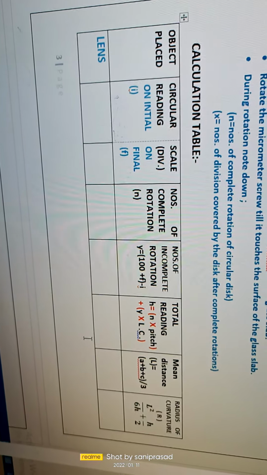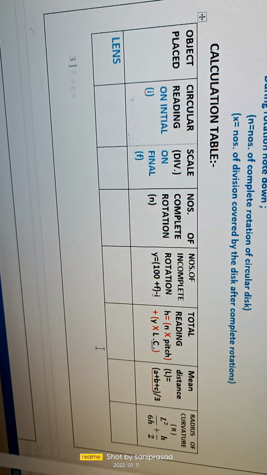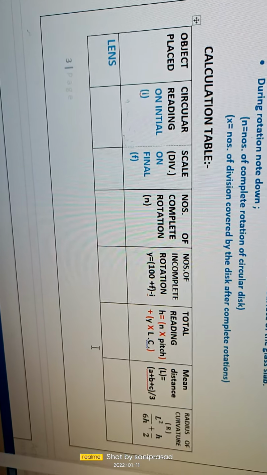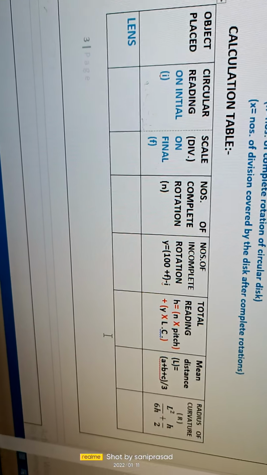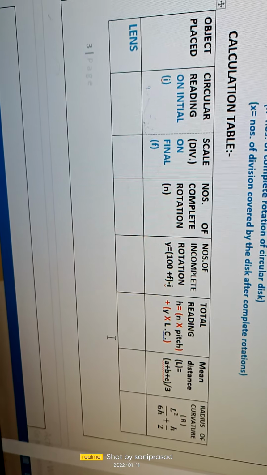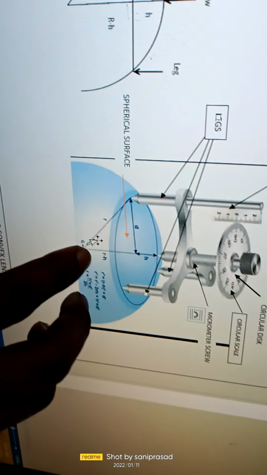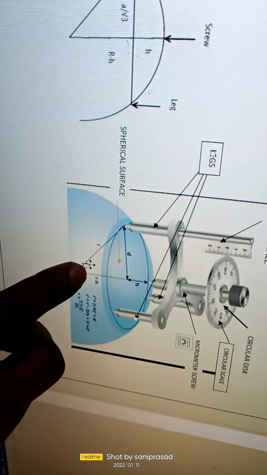What is L and what is h? h is the height from the center of the lens to the curvature. So how will it be measured? Look, this is the lens and you have to measure from the center to the surface. This will be your height. Then we will discuss L after the measurement of height.